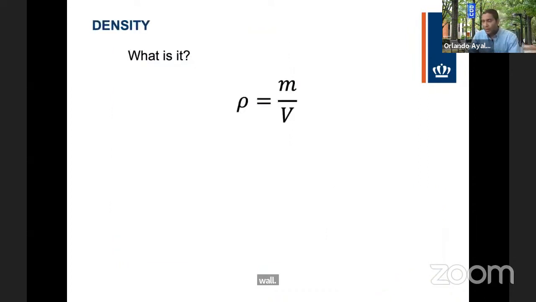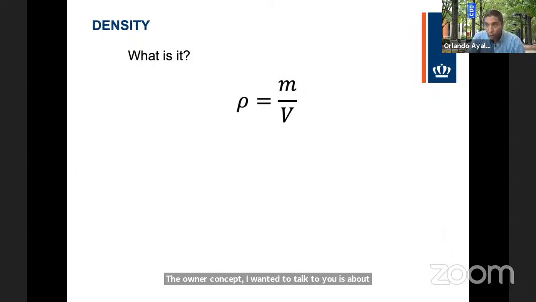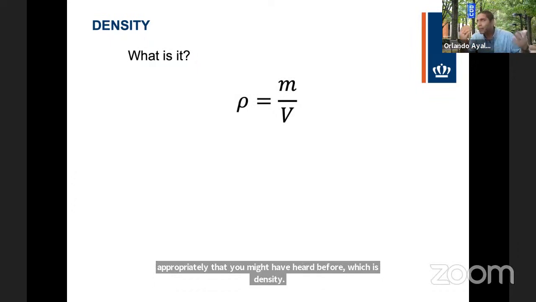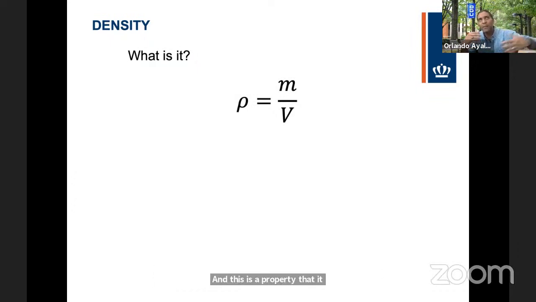The other concept I wanted to talk to you about is a property that you might have heard before, which is density. The value of density gives you a sense of how much matter could fit in a specific volume. How much matter, or how many molecules?